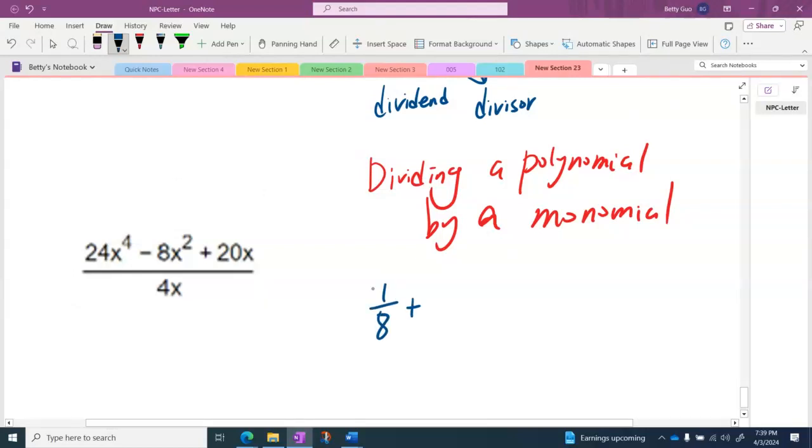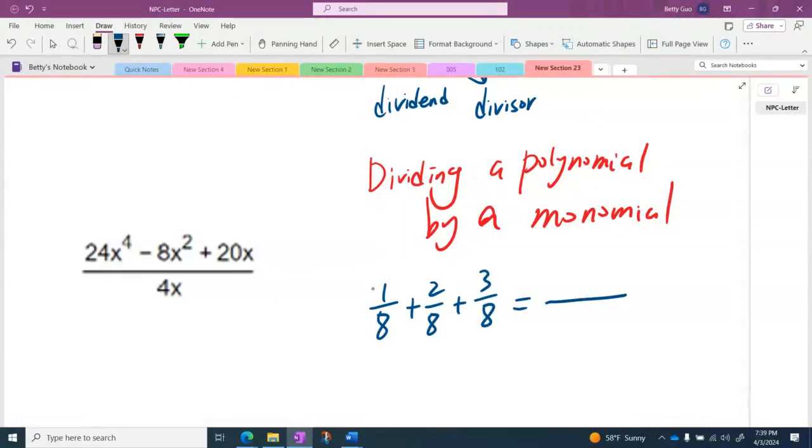Look at here, 1 over a plus 2 over a plus 3 over a. How do we add 1 over a plus 2 over a plus 3 over a? When we add fractions with the same denominator, we keep the denominator and add the top, right?